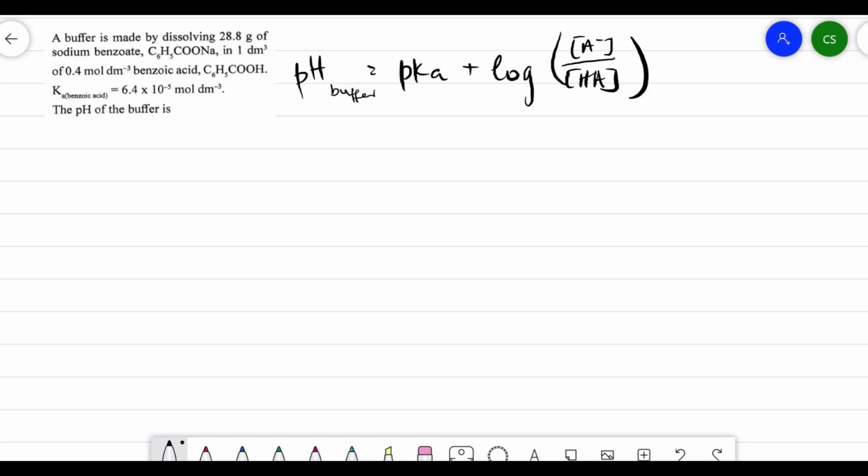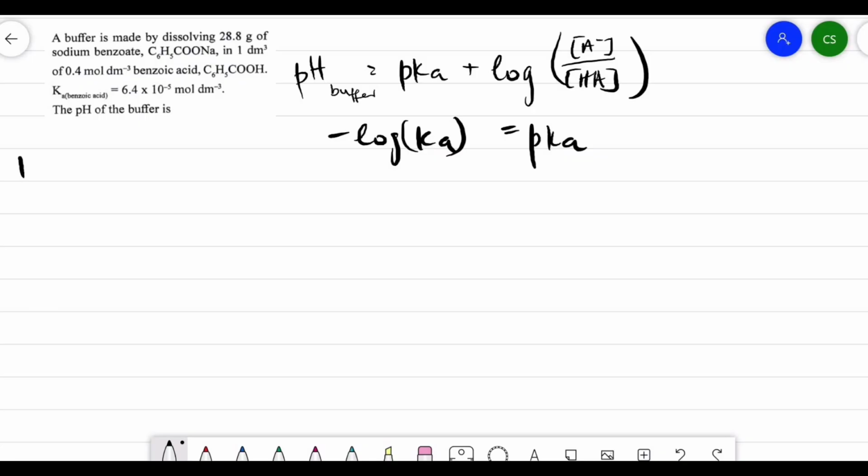Now, we know the concentration of benzoic acid, however, we do not know pKa, but we can work that out because pKa is minus log to the base 10 of Ka. And we know the mass of sodium benzoate used, so we can find out the number of moles and thus calculate the concentration. So we're going to do that first.